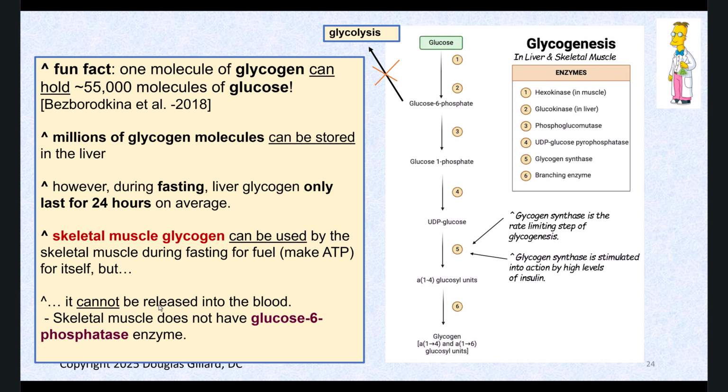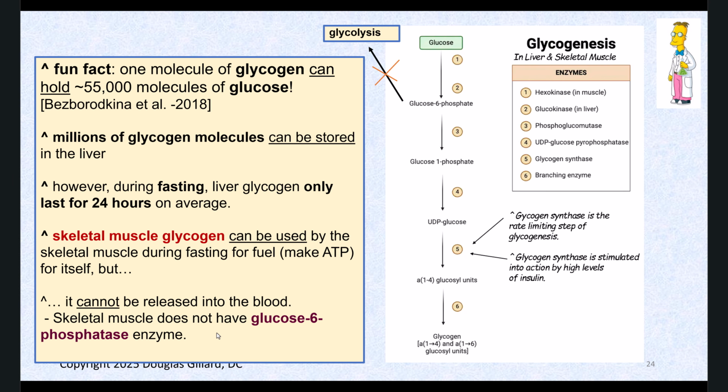How come? Because this is definitely on the test. How come skeletal muscle has all this machinery, but it can't release? It can break down a glycogen molecule down to glucose 6-phosphate, and that's it. It can't make glucose. Why? Because it doesn't have glucose 6-phosphatase. Right?